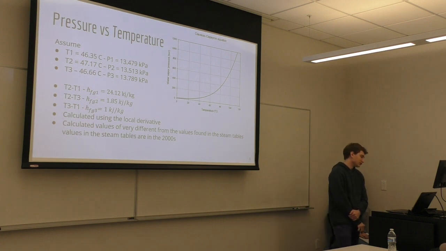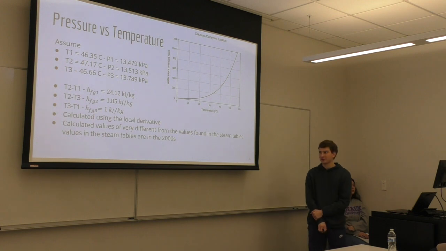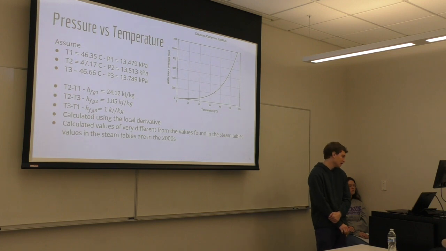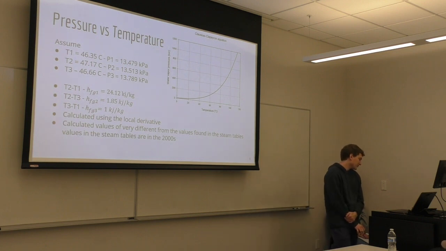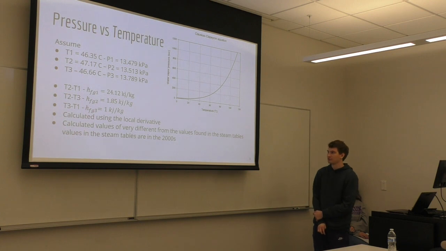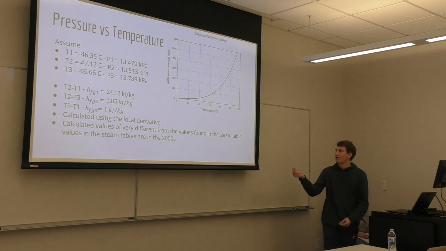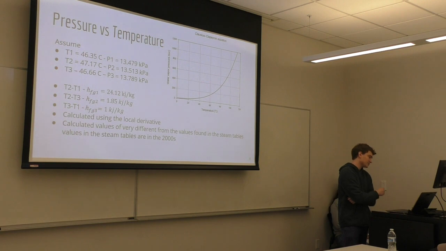I took the local derivative, which is subtracting P2 from P1 and then T2 from T1, and I found that the enthalpies found aren't actually anywhere close to the values found in the steam tables, which could be due to a variety of different reasons, such as the vacuum created and that our system shouldn't actually be based on the ideal gas law.